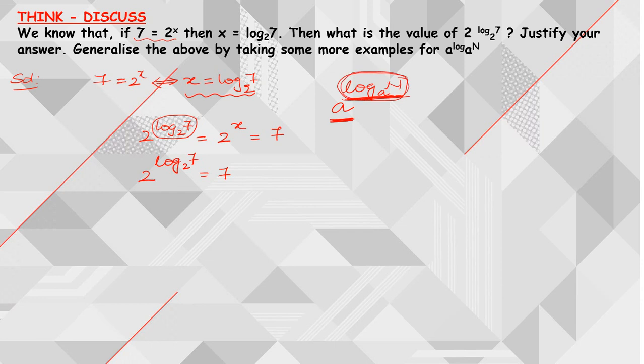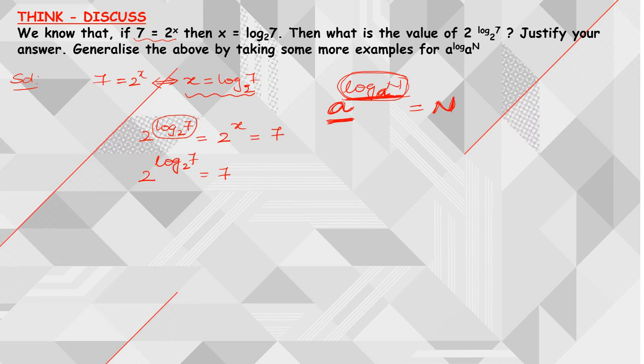In these two, if you observe carefully, the exponential base is a and the logarithmic base is also a. So whenever you have the exponential base as a and the logarithmic base as a, these two will get cancelled and this will give me the answer as n.